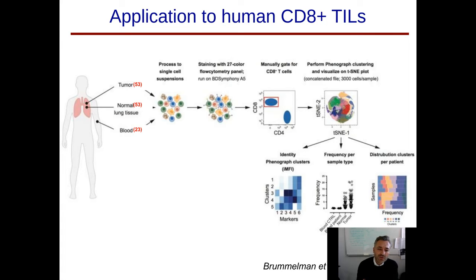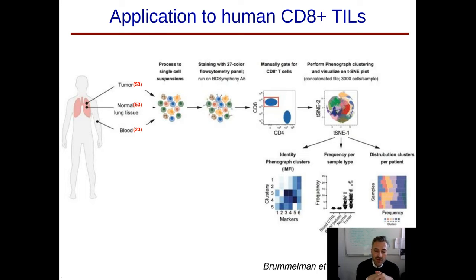We isolated all CD8 cells. We barcoded them with a unique barcode, so we could go back and look at every individual sample. And we put them together into a single huge file. And this was a big file of many hundreds of thousands of cells that we analyzed by clustering algorithms.